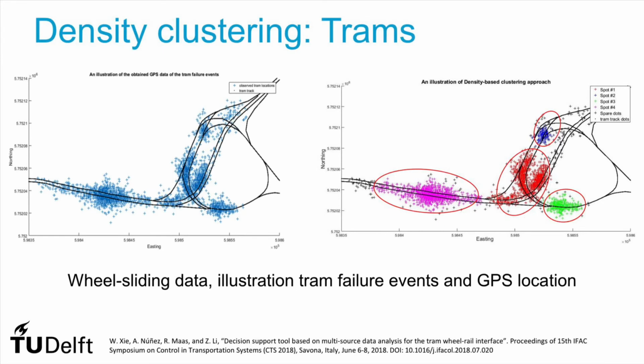Then you can ask for inspections of those locations, because for instance, to the right of the plot, there are barely any data points. So it appears that the tram failure events, the wheel sliding events, are happening in the locations that are highlighted.